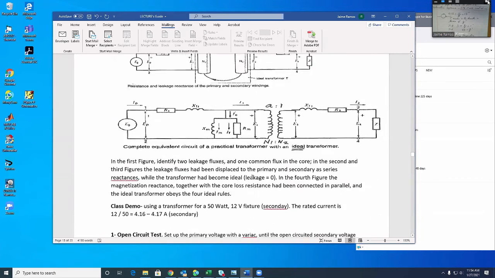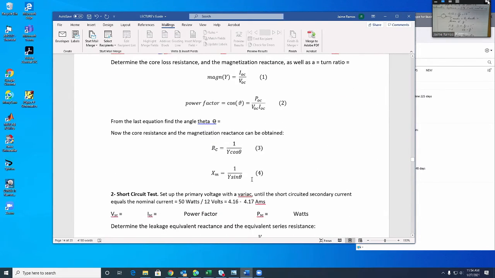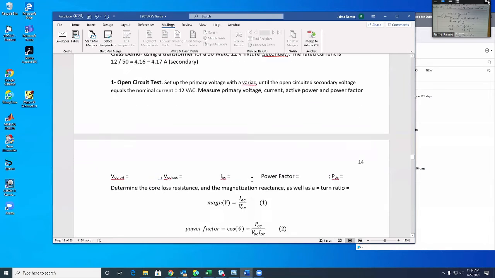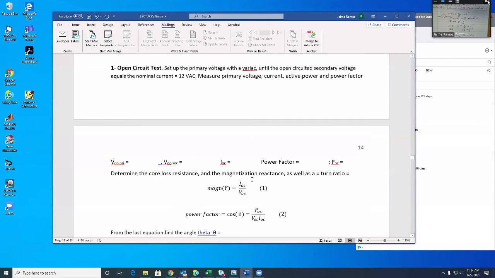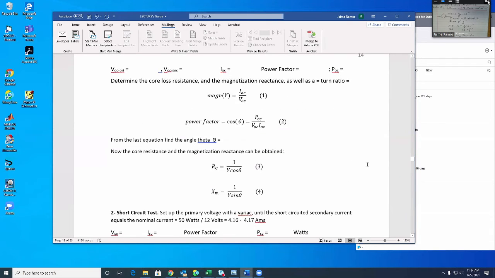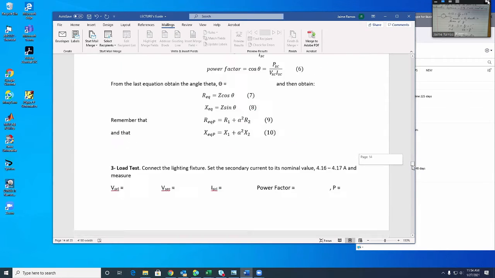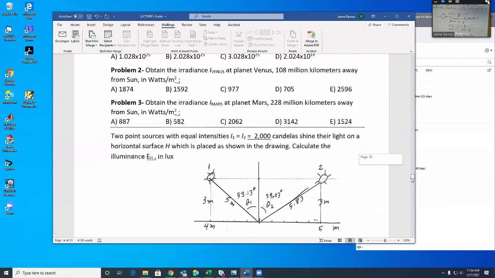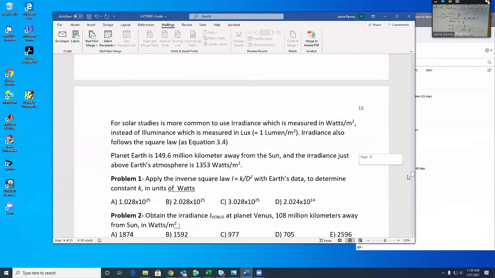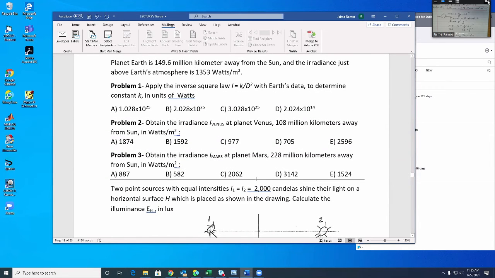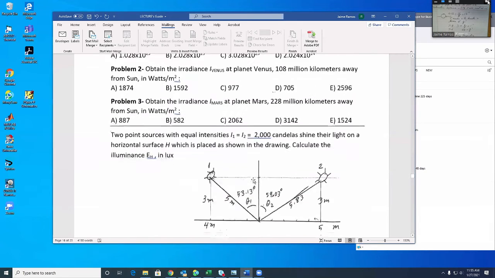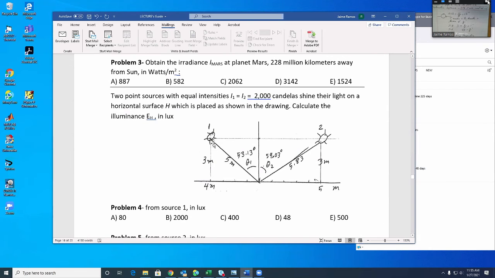This is for transformers. So let me see. Now let me go to page 16. Okay, we discussed this the last class. So this is geometrical, we were calculating here the luxes.